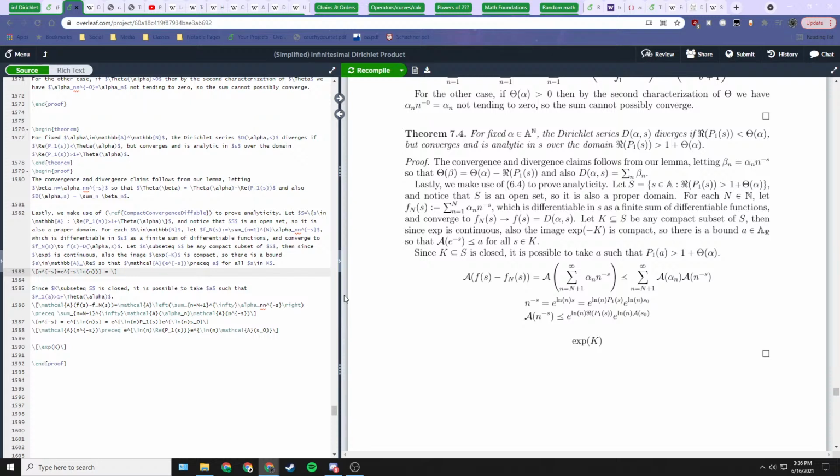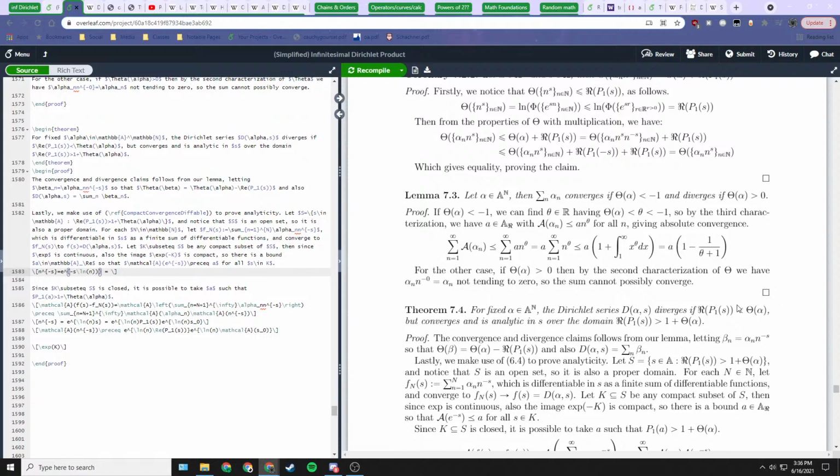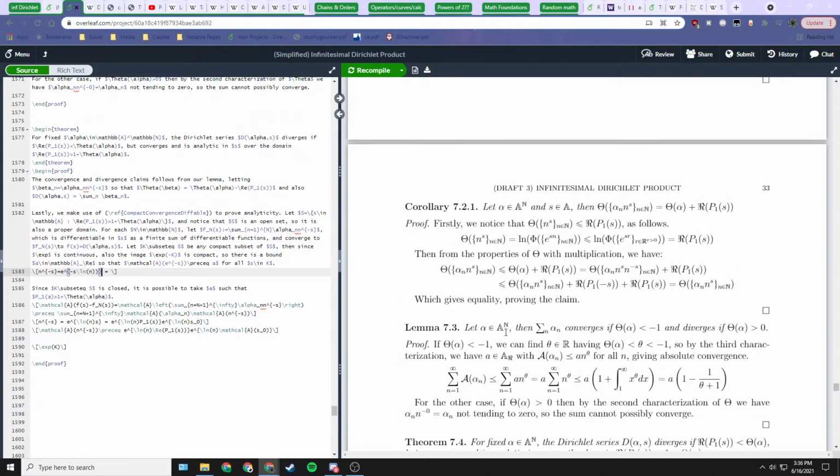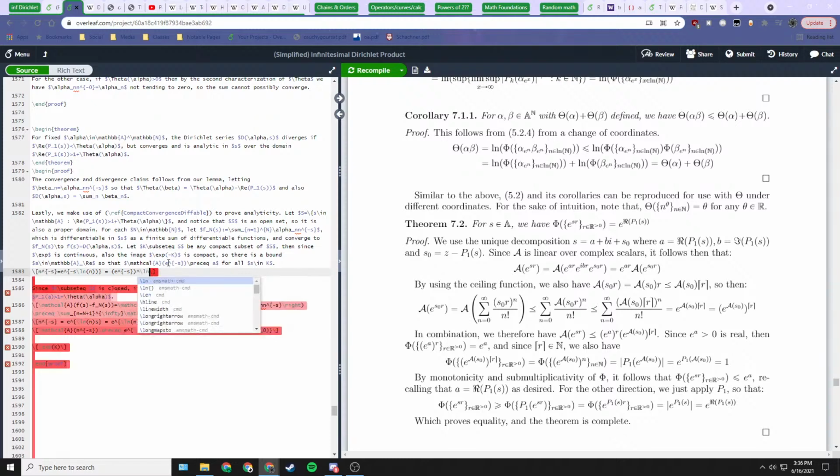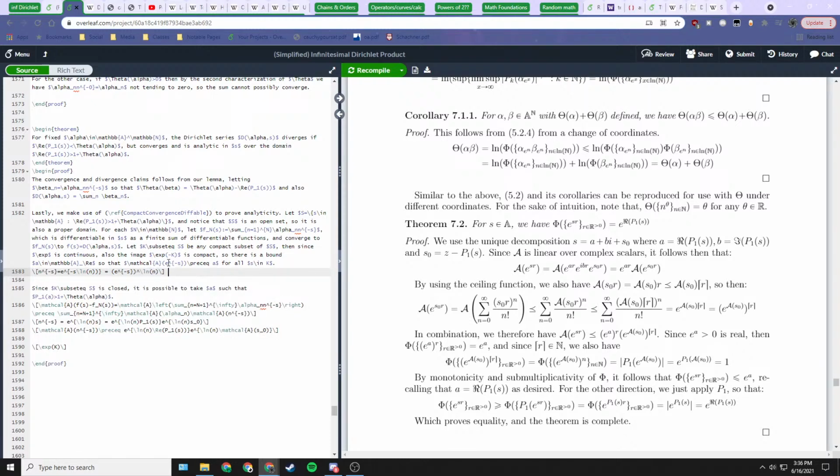I'm trying to avoid doing it out, but this is definitely what we need to do. So essentially we want to bound these exponentials, and if we just do this all out, as we had done before, right up here, this would be e to the power of minus s, and then we also get power ln of n. I don't know if we want to do that.